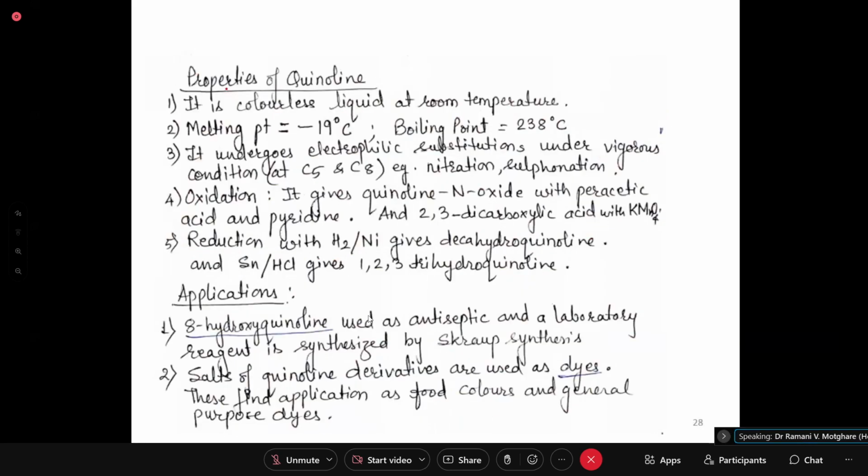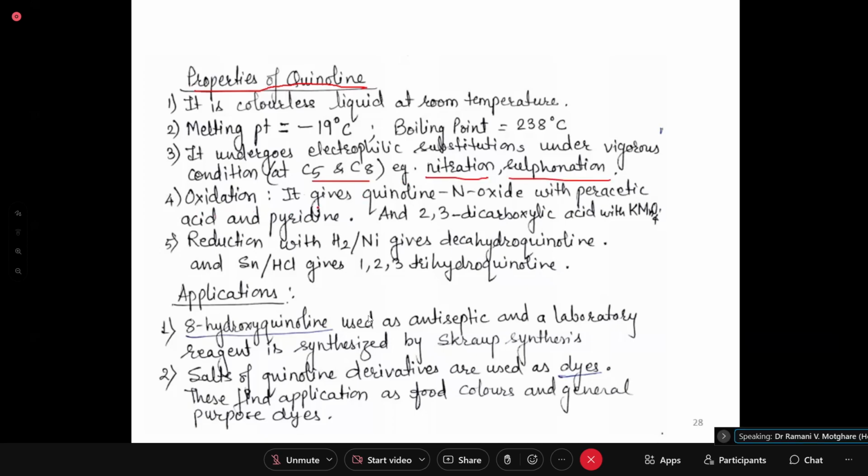Now here are the properties of quinoline. Now, what are the properties? It is a colorless liquid at room temperature, melting point minus 19 degrees centigrade, boiling point 238 degrees centigrade. It undergoes electrophilic substitution under vigorous conditions at C5 and C8 position, example nitration, sulfonation.